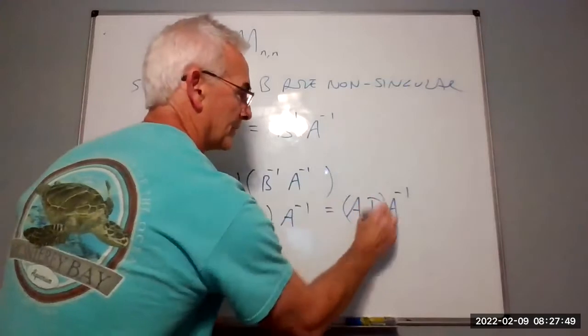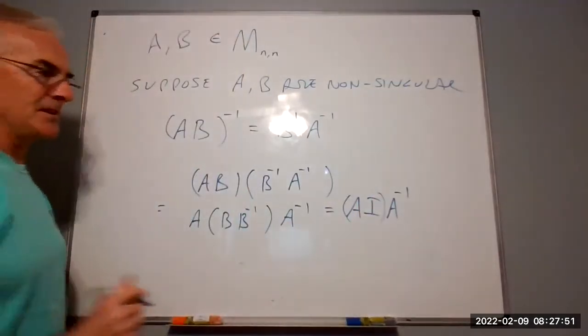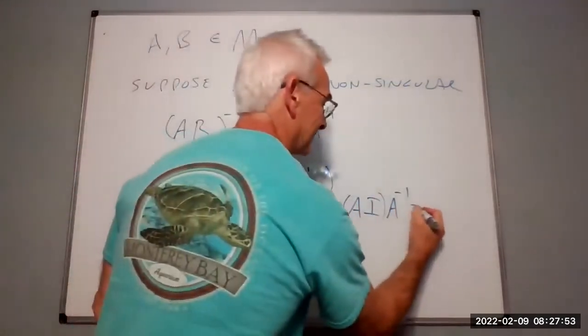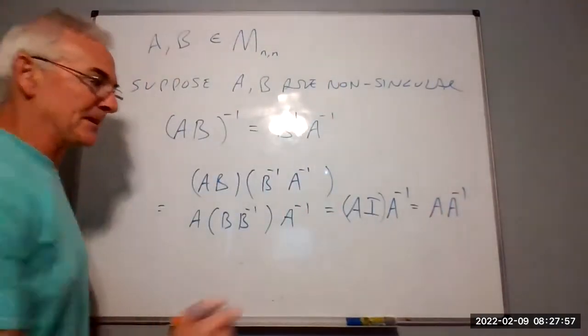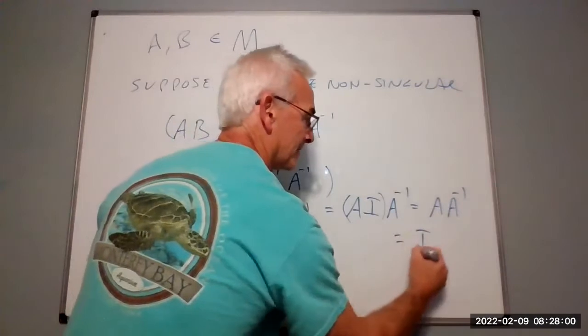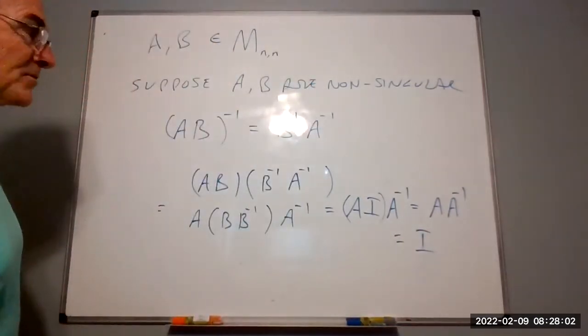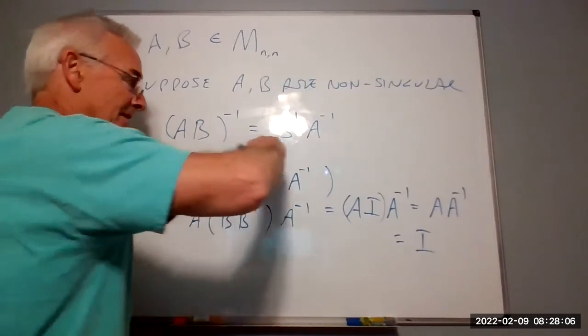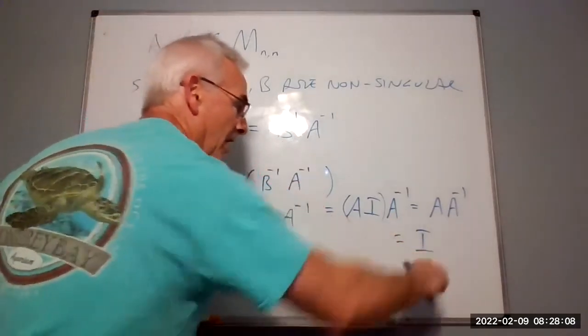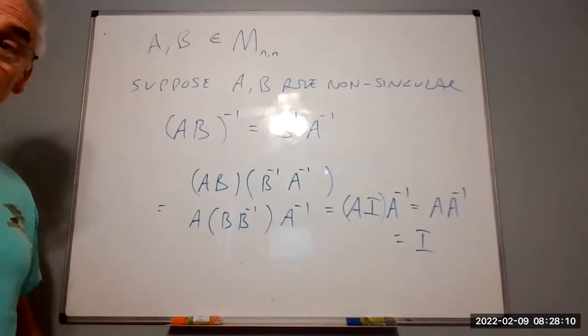Now I'll do it this way. And then what's A times the identity matrix? That's A. And then finally, I have A times A inverse, which is the identity. So I've just proved that the inverse of this product is this because we got the identity as a result.